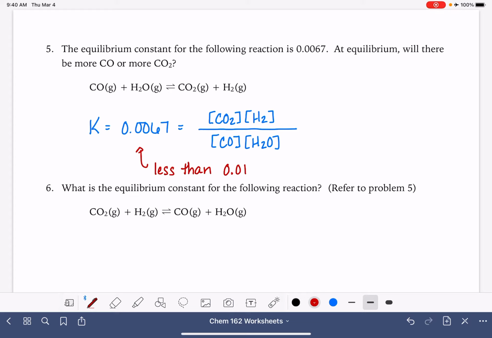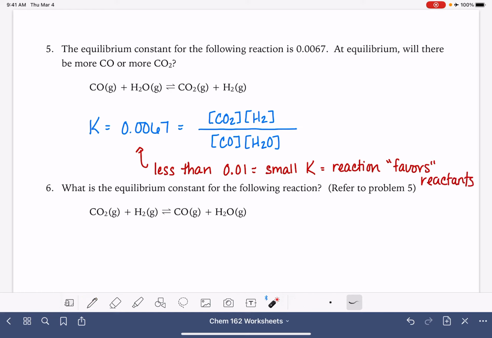Since it's less than 0.01, that means that we would consider this to be a small equilibrium constant, a small k, or a Kc or Kp, whatever you want to call it. And this means that the reaction, we say, favors the reactants.